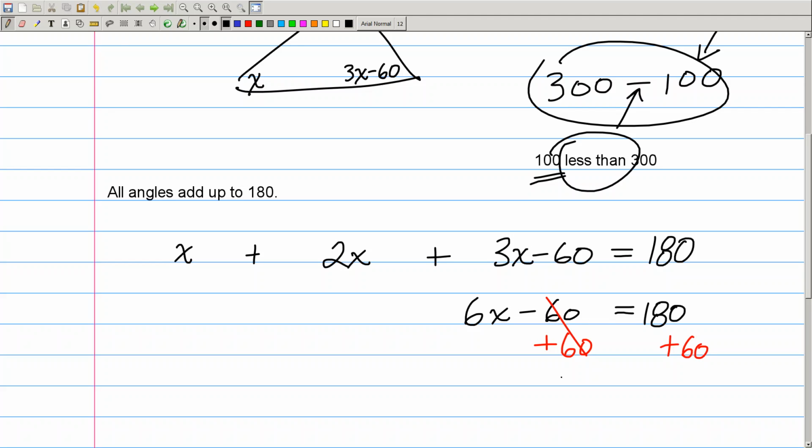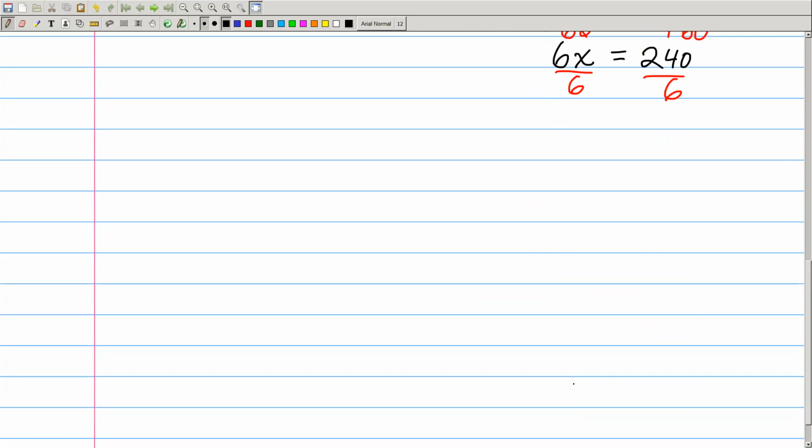That's the essence of isolating for a variable. You get 6x equals 180 plus 60. That's 240. Then all you have to do is divide both sides by 6. And you end up getting x equals 40. That is the first angle. x equals 40 degrees.